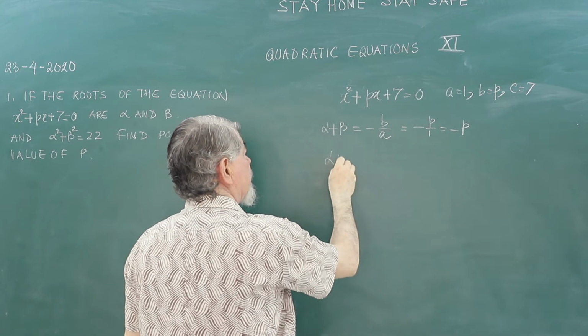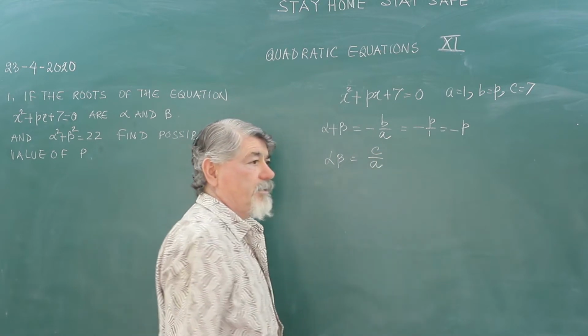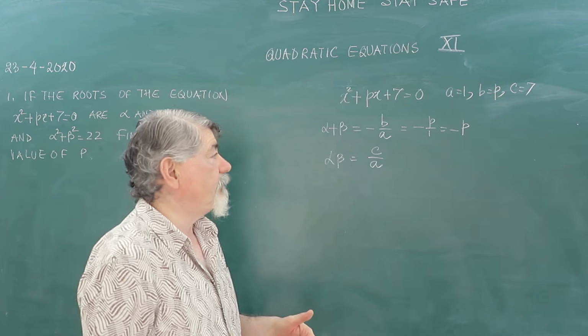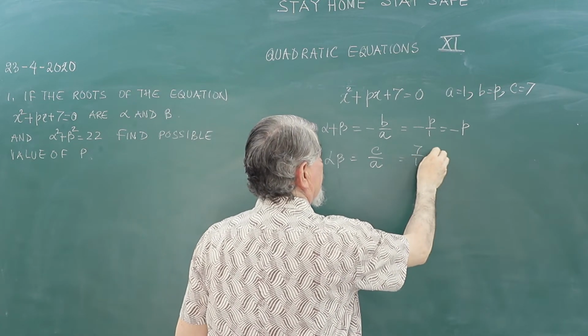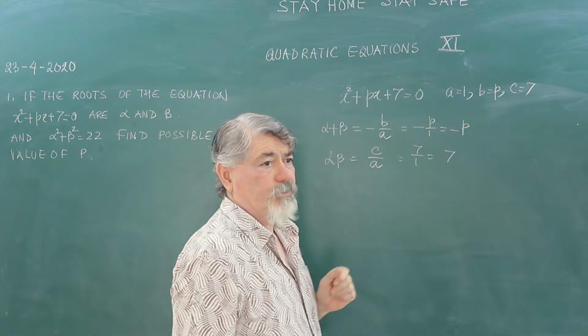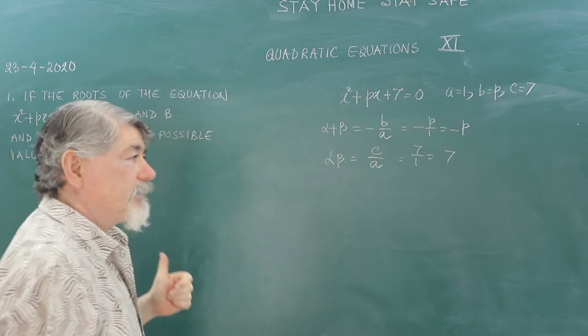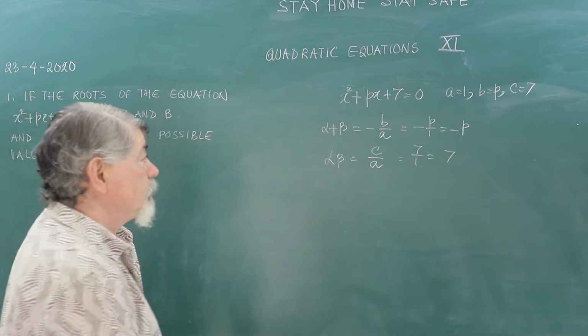And alpha beta is c upon a, the constant term upon the coefficient of x square, which is 7 upon 1, that is 7. He wants you to find the possible values of p, and he has given you alpha square plus beta square is 22.